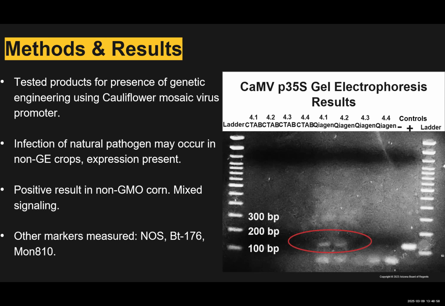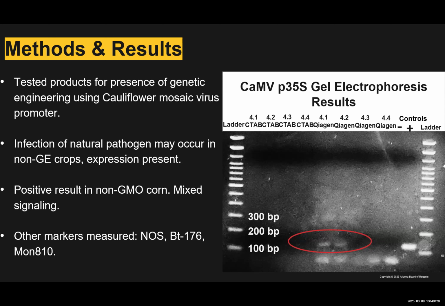We did a little more research, and it turns out that there are viruses like the cauliflower mosaic virus, which are able to naturally insert themselves into plant genomes in the wild, and they infect a wide variety of species. What that ultimately means is it's much more difficult to detect the presence of genetically engineered products versus populations of plants that have been naturally infected by this virus.